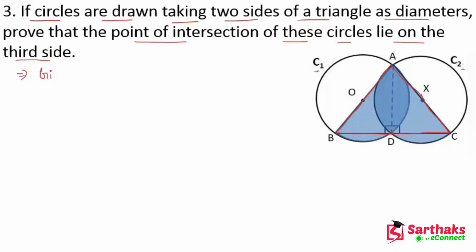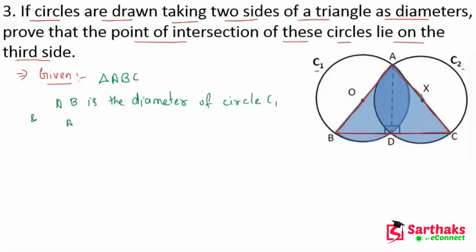So let's start. First of all, we have to write the given part. We have a triangle ABC. We know that AB is the diameter of circle C1, and AC is the diameter of circle C2.